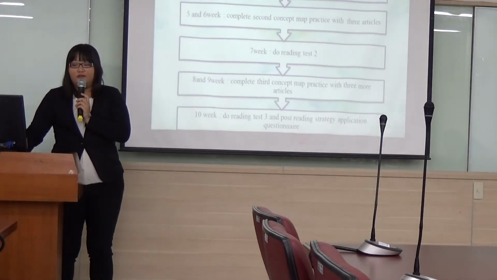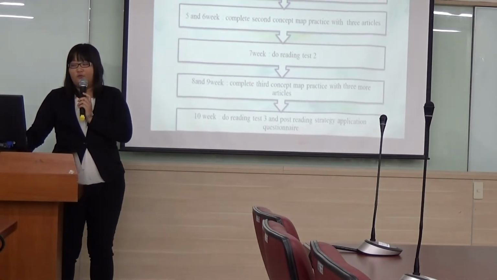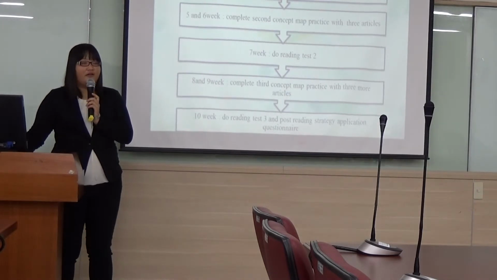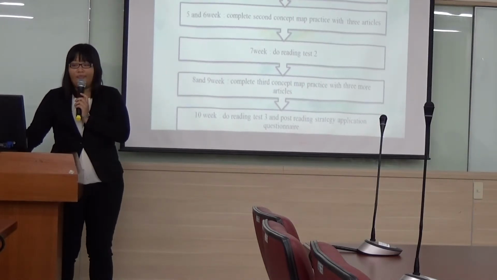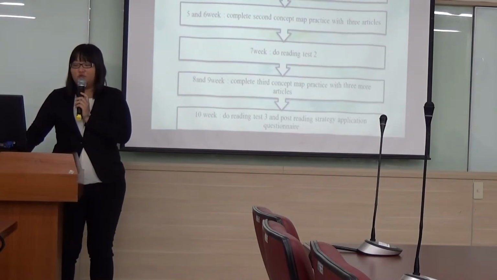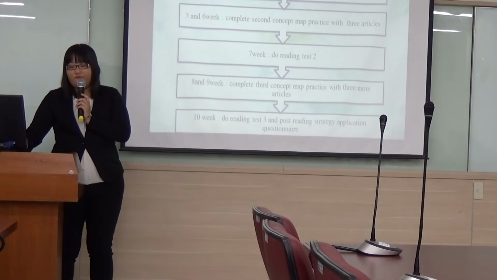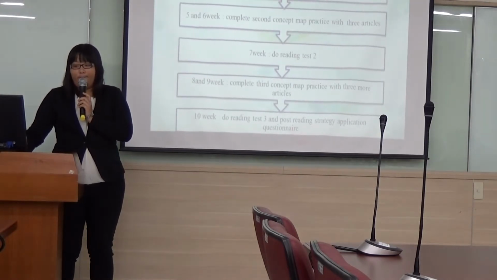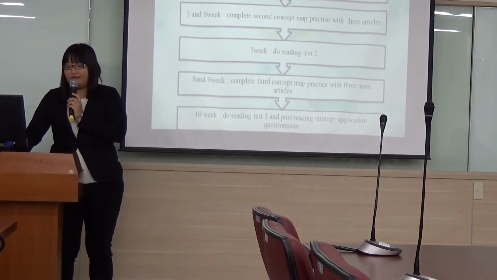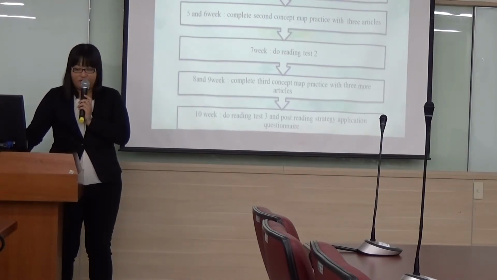And then the students practiced the first concept mapping with 3 articles from the English magazine. In the fourth week, the students did reading test 1. In the fifth and sixth weeks, the students completed the second concept mapping practice with 3 articles.